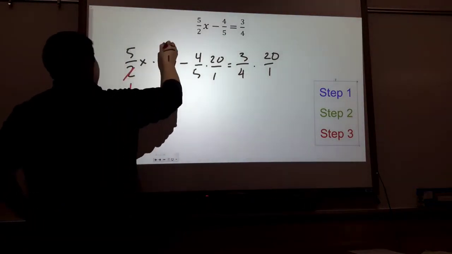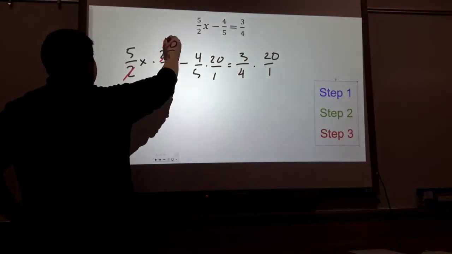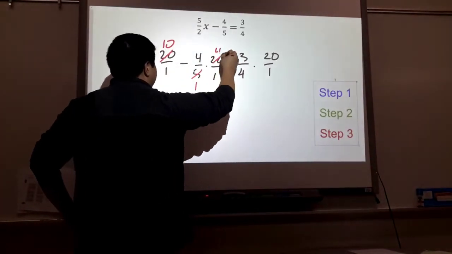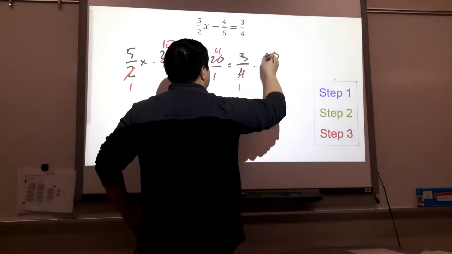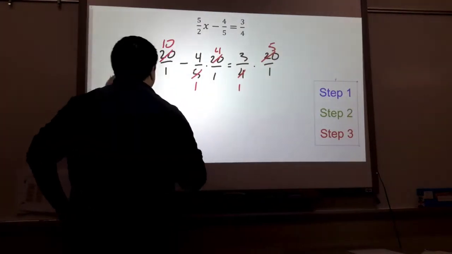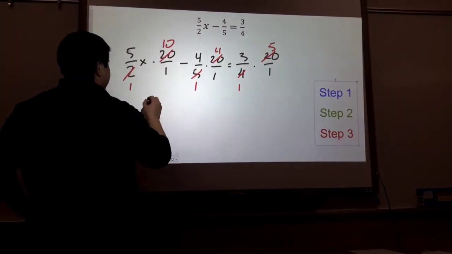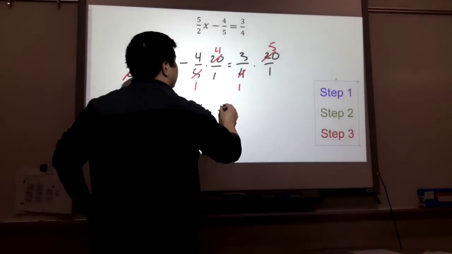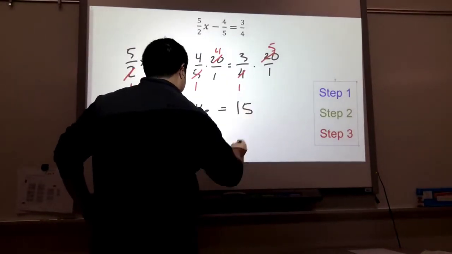Cross cancel: this becomes a 10, 5 goes into 20 4 times, this becomes a 5. When we do that, we clear out the denominator, so we get 5 times 10, which is 50, so we get 50x minus 16 equals 15.